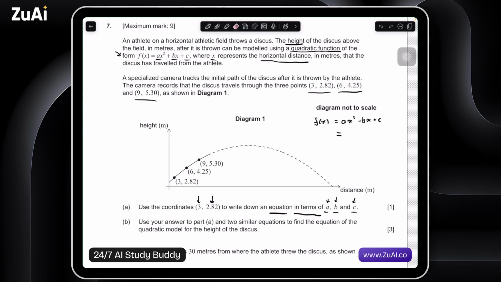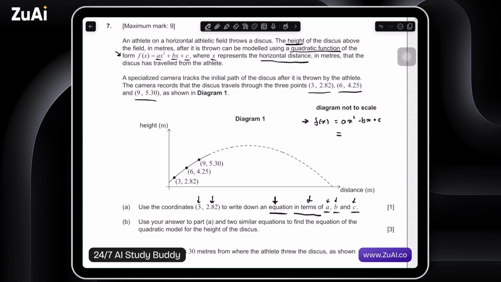So let's input these values into the function that they give us, and then we will have an equation in terms of a, b, and c. We see these variables in the quadratic, so let's input and we'll get an equation in terms of a, b, and c.